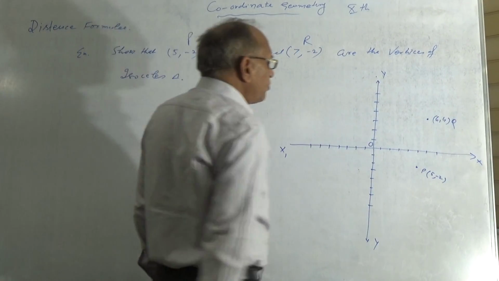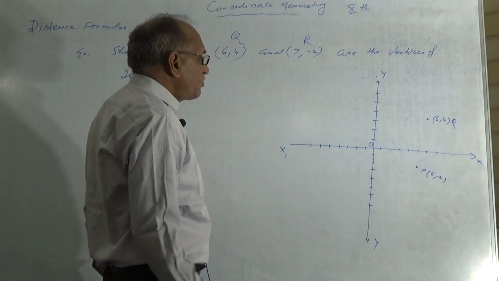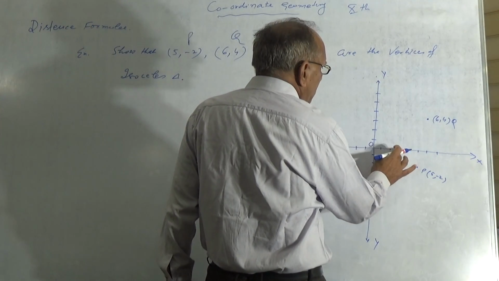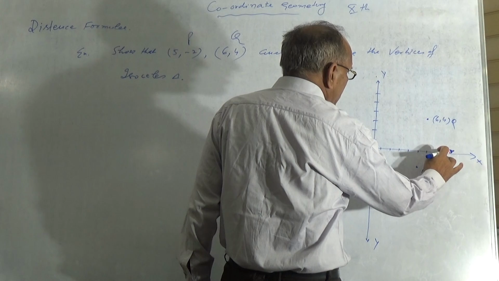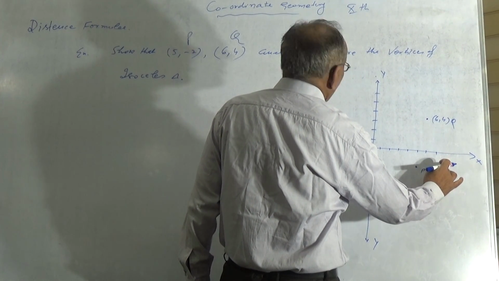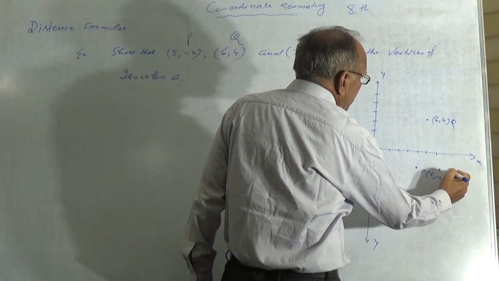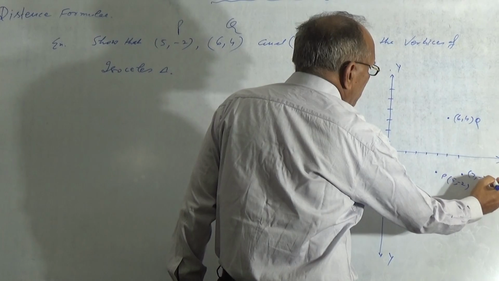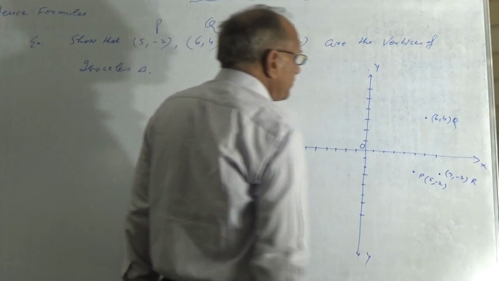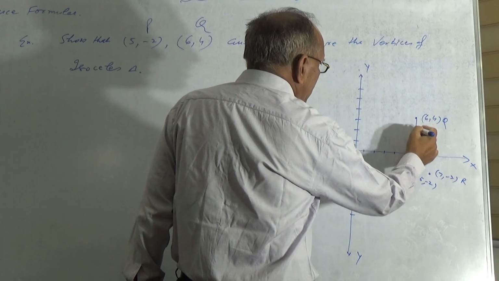This is point Q. R, 7 minus 2. 1, 2, 3, 4, 5, 6, 7. Minus 2. Here. 7 minus 2 R.